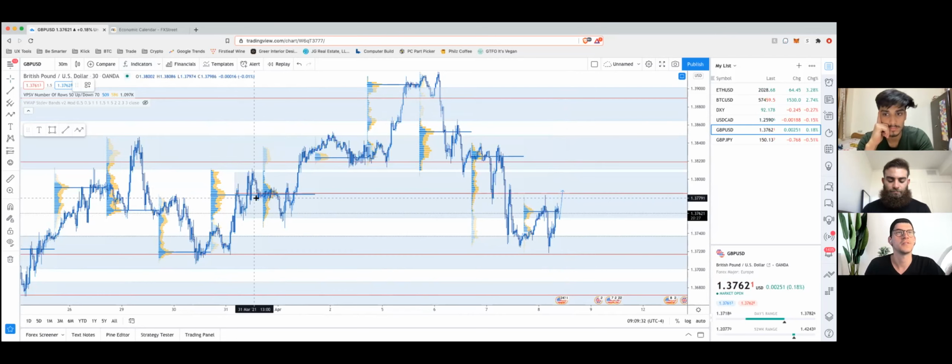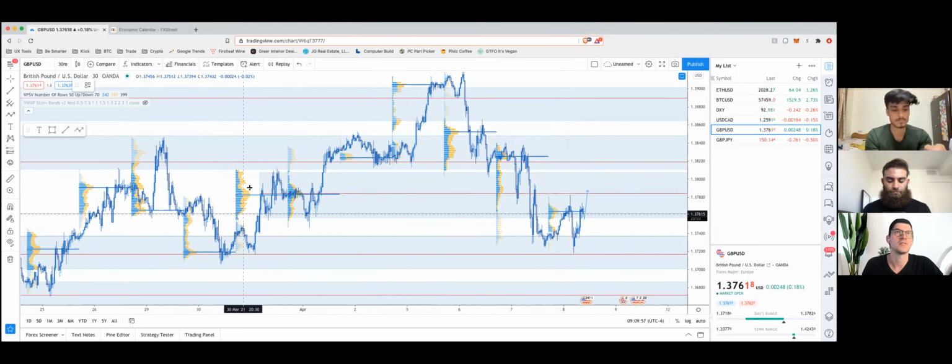And then whenever you see the profiles overlap, you see there's like the darker area here and a lighter shaded area. So this is just showing obviously majority of volume and transactions have taken place in this zone. And that blue line is what's called the point of control. So that is where the majority of buyers and sellers took trades at that price point during that day.